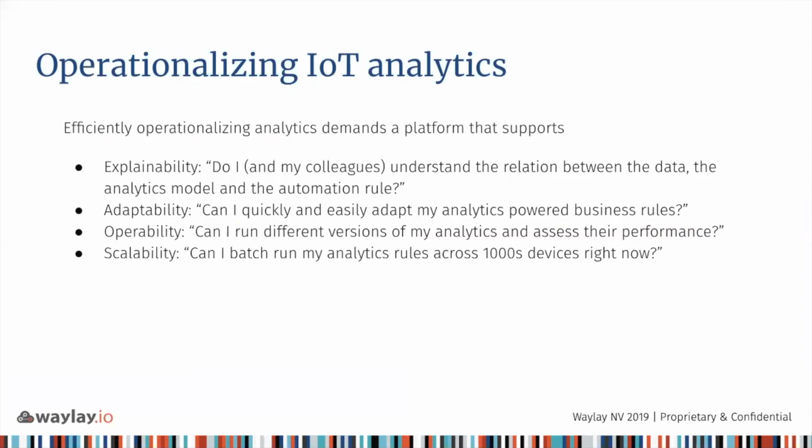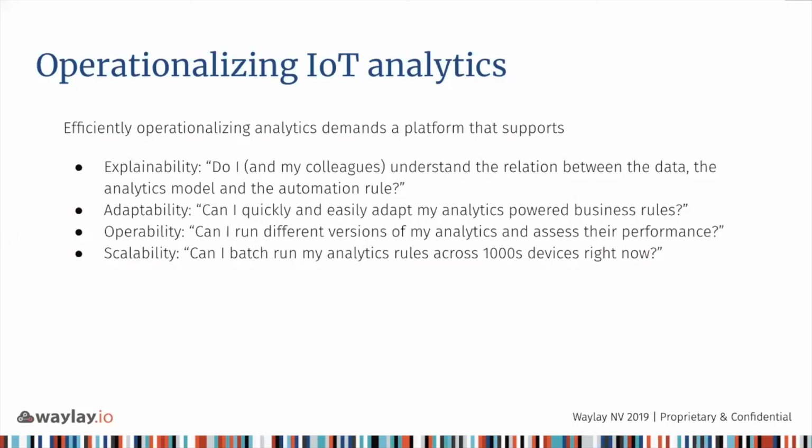Okay. So just to summarize, the way we look at the problem of IoT analytics is all about operational ability. As I explained in the beginning of the presentation, we have 4 axes on how we evaluate and explain the strength of our platform. The explainability is number one on the list.